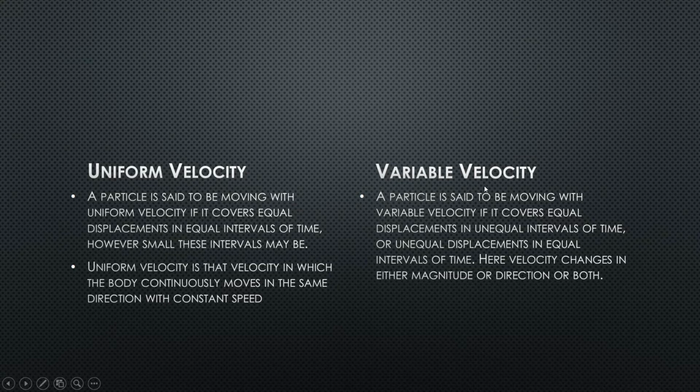A particle is said to be moving with variable velocity if it covers equal displacements in unequal intervals of time, or unequal displacements in equal intervals of time. Here, velocity changes in either magnitude or direction or both.